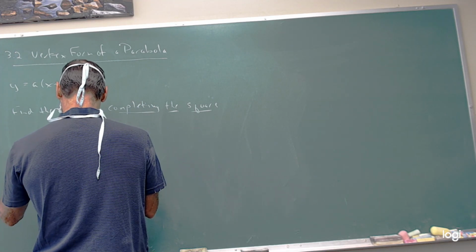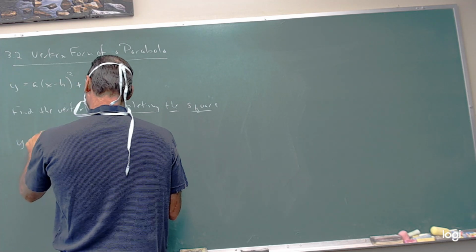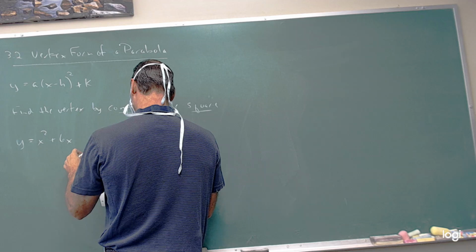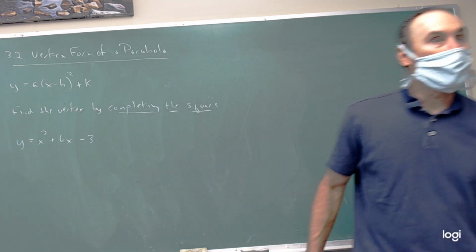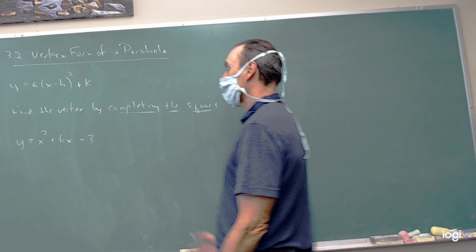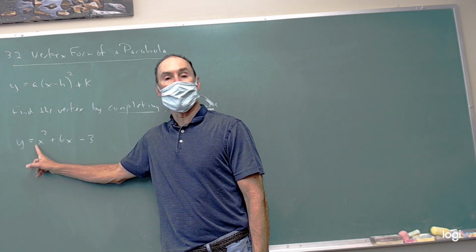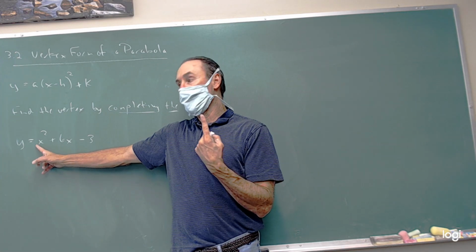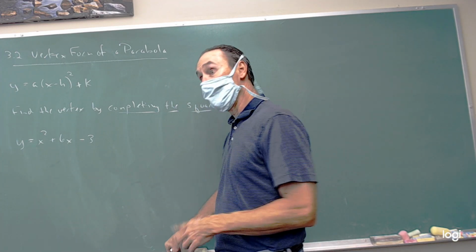So I'm going to start with a very basic one, and then we'll go to more complicated ones. So here's a standard parabola. Now, the reason this is a simpler one is because the leading coefficient, the coefficient of x squared, is 1, and that makes it especially nice. That's not going to happen very often.